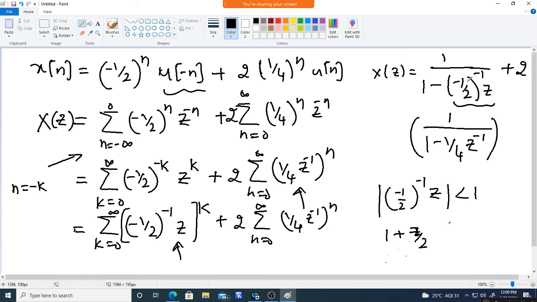So this term, plus 1 by 2, z by 2 should be less than 1, so we can put z should be less than 2.